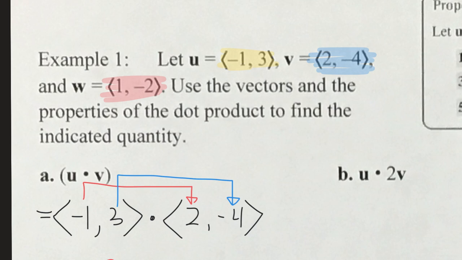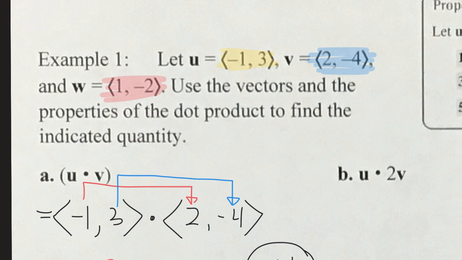So -2 plus -12 is -14. And that is the dot product. Notice there's no more vectors, right? A vector dot a vector is not another vector. It is a scalar, a multiplier quantity. So -14 would be the dot product of u dot v.